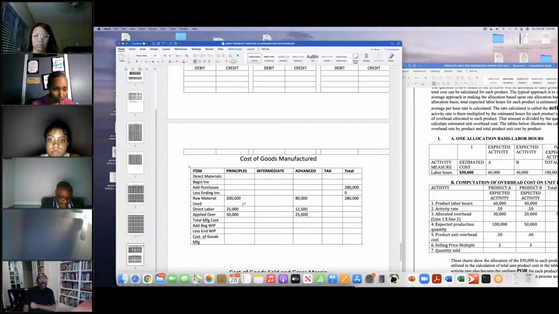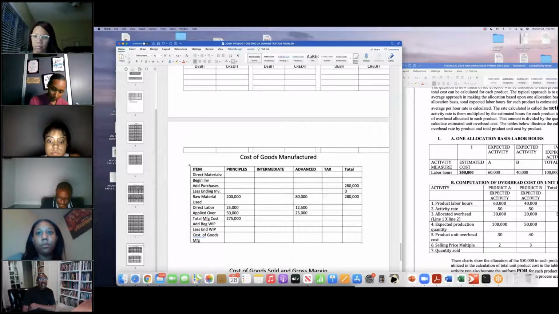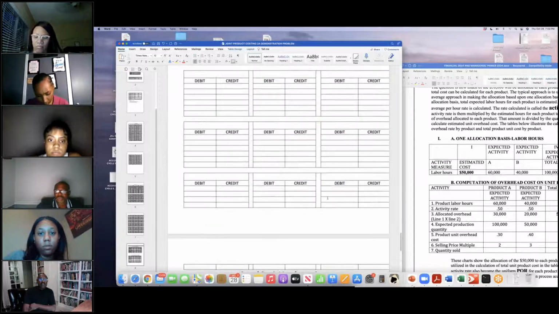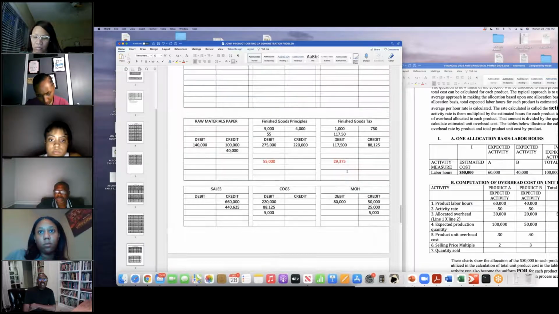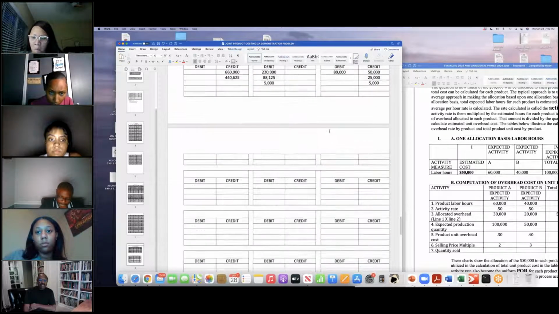And so our total manufacturing cost was what? We add these up. It's going to be 275. We didn't have anything left, so it totals out to be 275. And for the advanced book, it's 80, 12,500, and 25,000. And so we said that was $117,500.